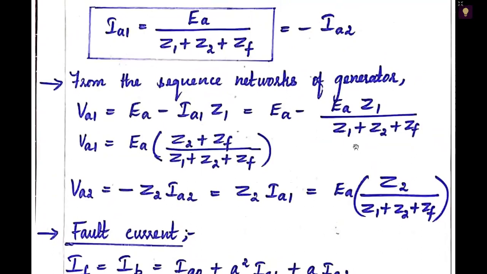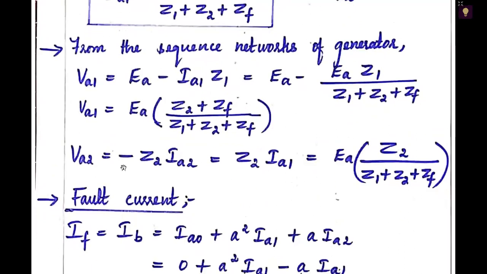Take LCM, EA is common. This term will go to the numerator as Z1 plus Z2 plus ZF, minus Z1, divided by Z1 plus Z2 plus ZF. So Z1 and minus Z1 get cancelled, giving VA1 is equal to EA into Z2 plus ZF divided by Z1 plus Z2 plus ZF.